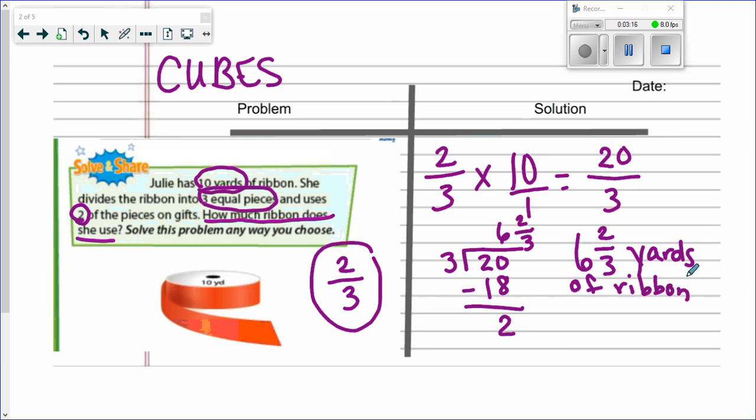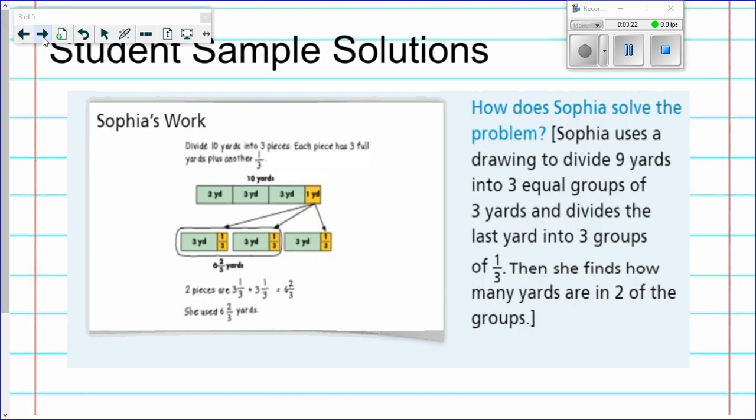Okay, let's take a look and see some other possible ways this problem could have been worked. Here's an example of how Sophia solved the problem. She went ahead and divided out the 10 yards into 3 equal groups. So she showed that using a visual representation right here.